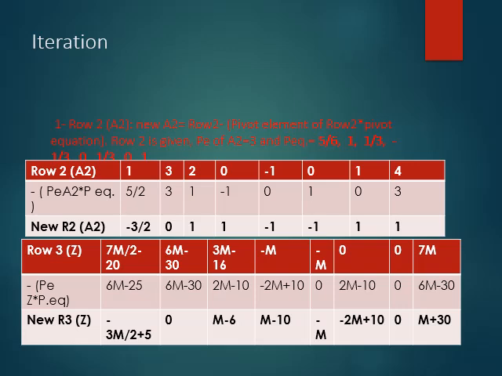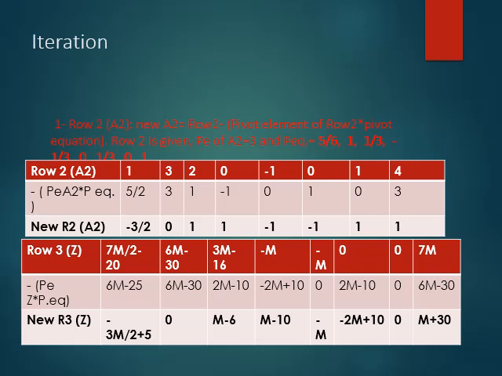This is the first iteration: row 2 or A2, the impact of the entrance of x2 as a basic variable on A2 and Z. To check these changes, we are going to design two tables, one for A2 and the other for Z.